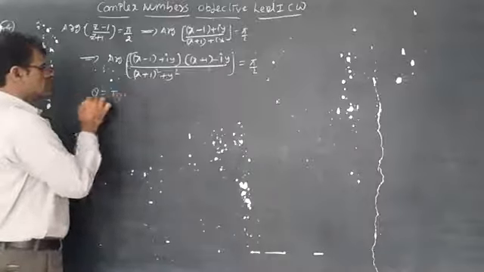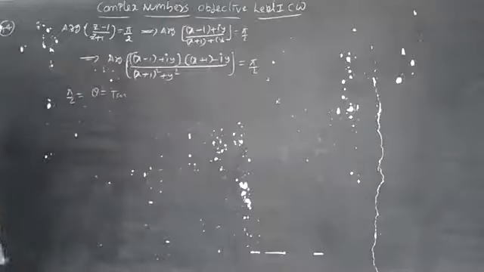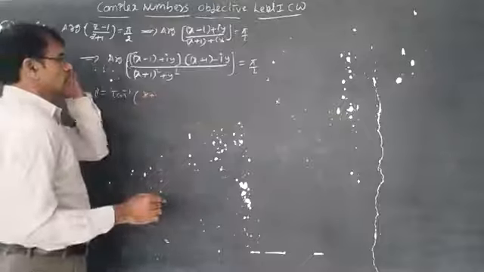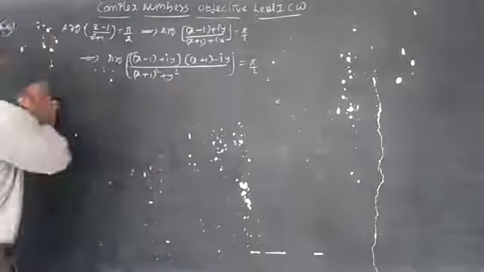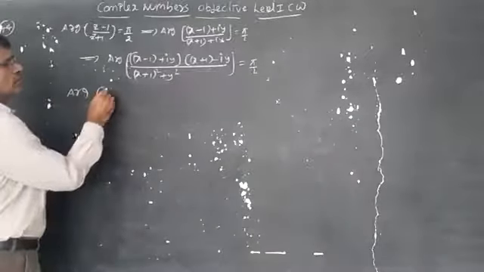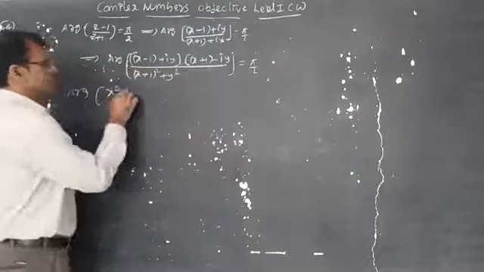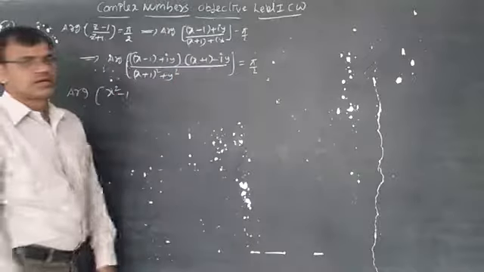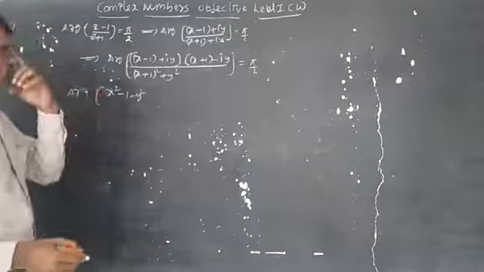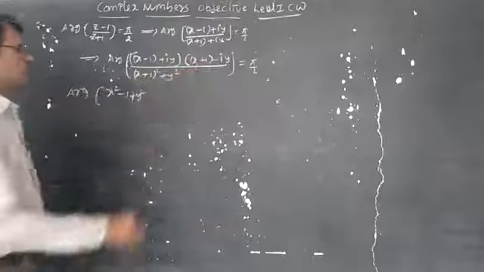Let us multiply the numerator. x minus 1 into x plus 1 becomes x square minus 1, plus i into minus i square becomes plus y square, and plus iy into x plus 1 minus iy into x minus 1.